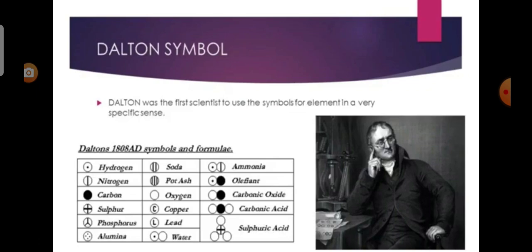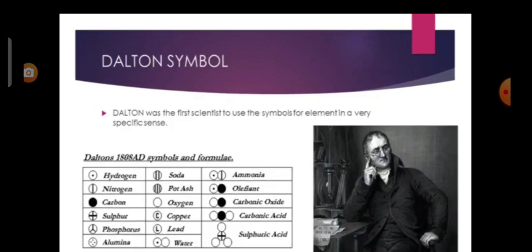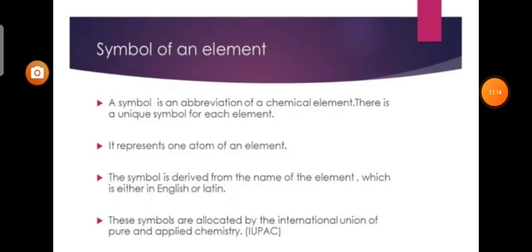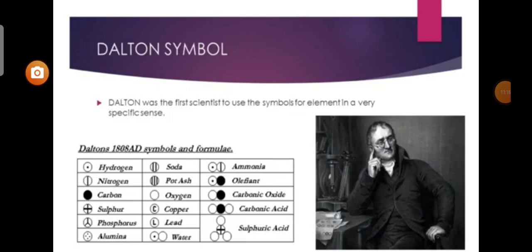Berzelius suggested that the symbols of elements be made from one or two letters of the name of the element. Symbols for some elements proposed by Dalton are given here.